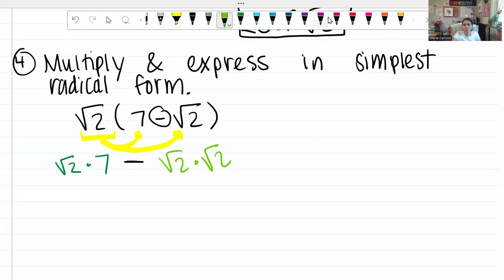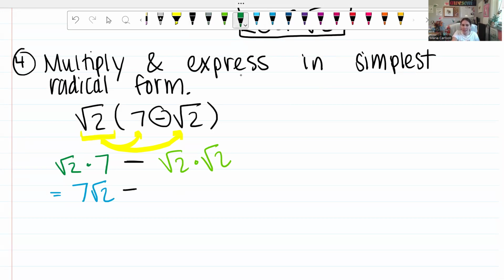And the square root of 2 times 7, one of those numbers does not have a radical and one of them does. So I'm just going to put my number without a radical first. So this is 7 times the square root of 2. Think of 7 as like your coefficient. x times 7 is 7x. So I have 7 square root of 2 minus the square root of 2 times the square root of 2.